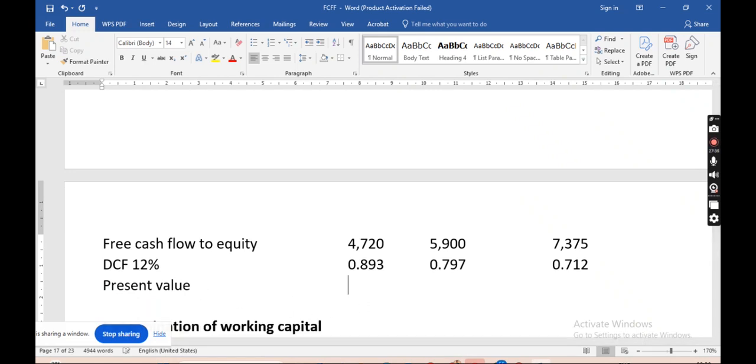So what is the present value when you multiply? 4215. The next one, 4702. And next, 5251.